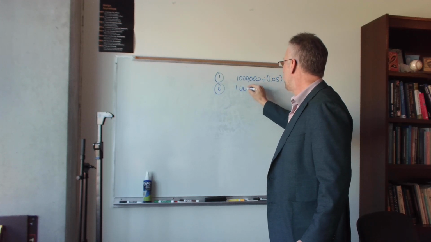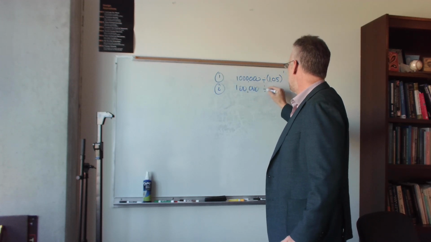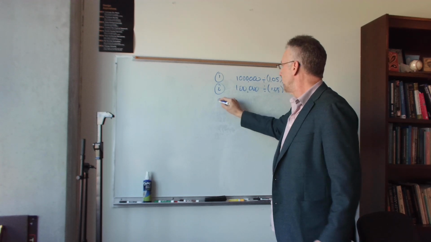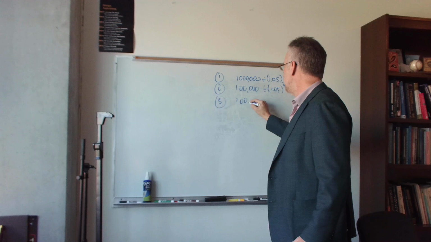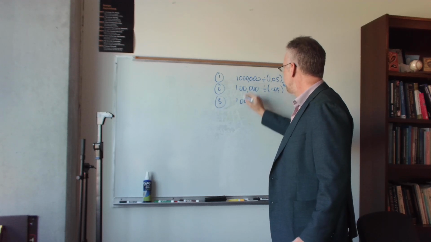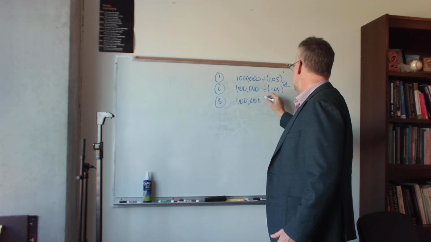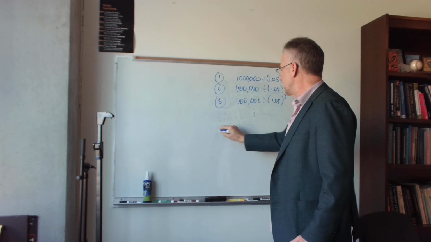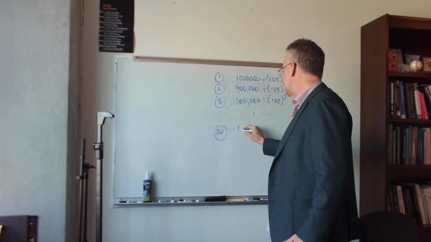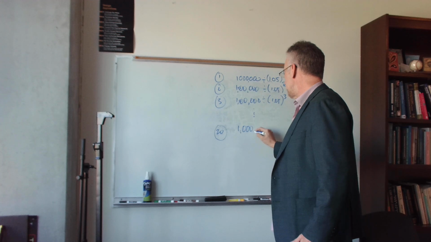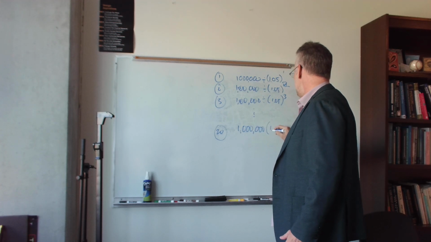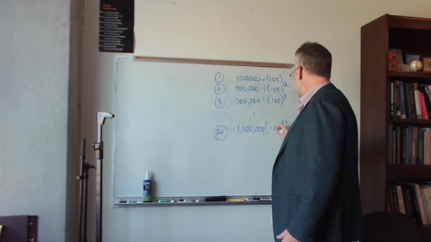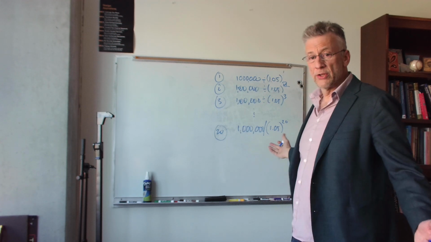Year 2, 1 million divided by 1.05 to the 2. Year 3, 1 million at the end of year 3 divided by 1.05 cubed, etc., until we get to year 20. $1 million in avoided fatality savings divided by 1.05 to the 20.